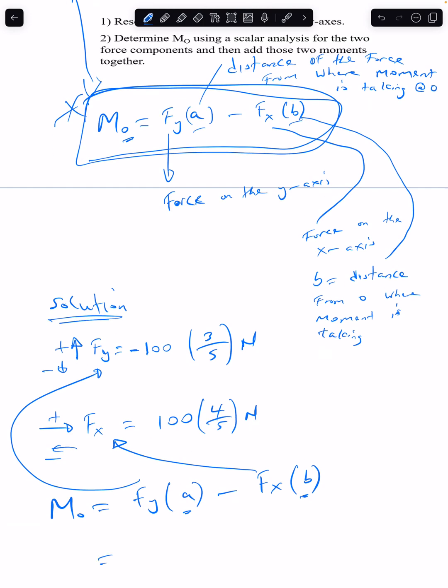Let me look at the moment. Force of y, I have negative 100 into 3 over 5 Newton.